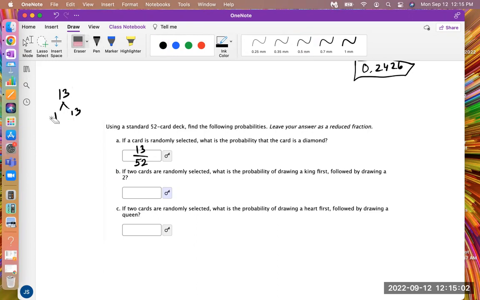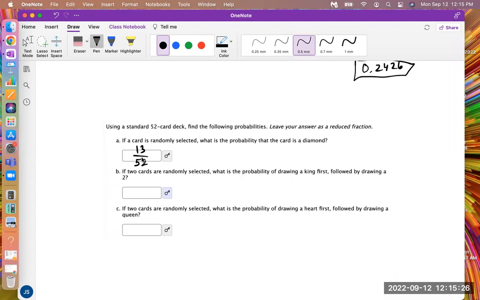I can't say 2 times something equals 13. So 13 is prime, because the only way to factor it is 1 and 13 itself. Any number that can only be factored that way is a prime number.